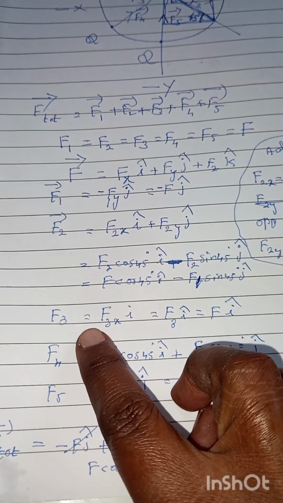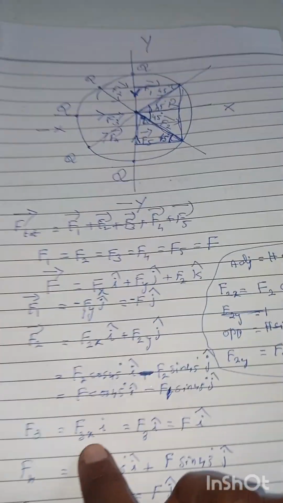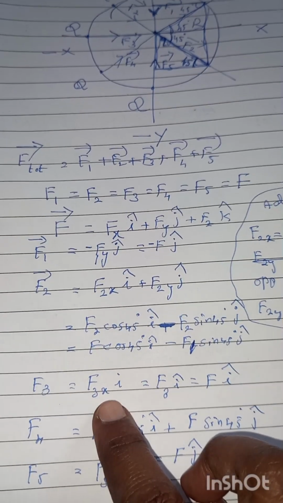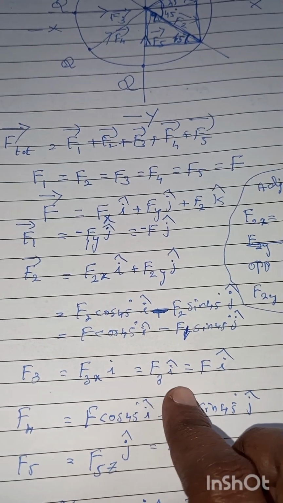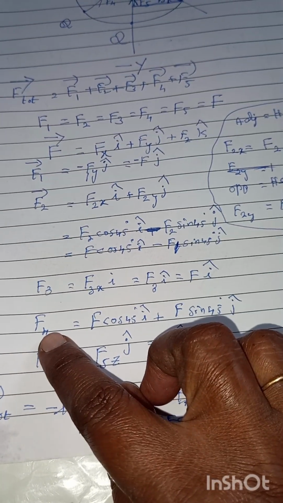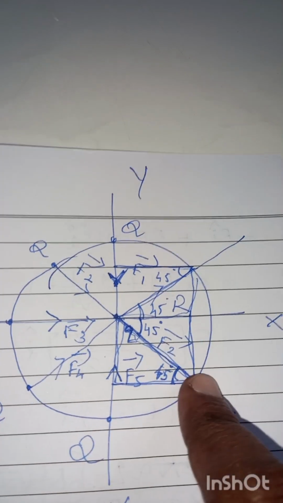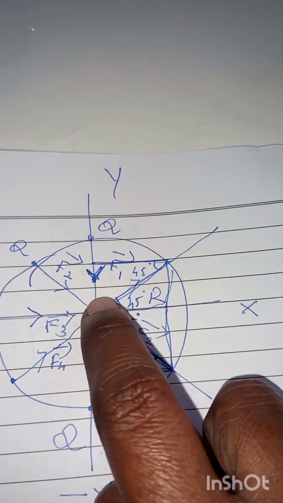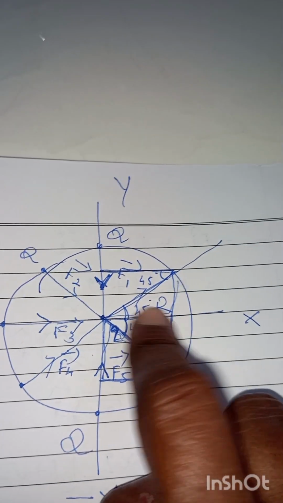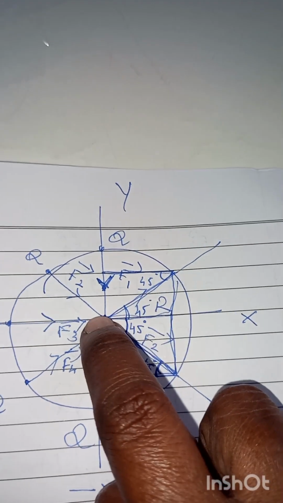Similarly, F3 has only an x component; y and z components are 0. So F3 is F3x i, that is F3 into i cap, and F3 is F, so F into i. Similarly, F4 is found based on the same concept. F4's x and y components can be calculated using these two right angled triangles.